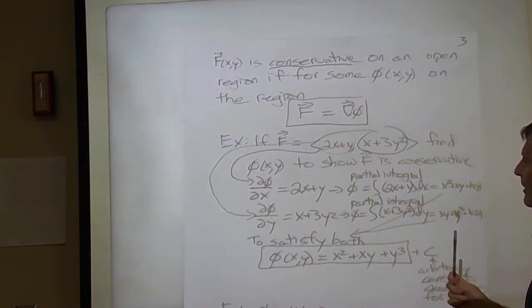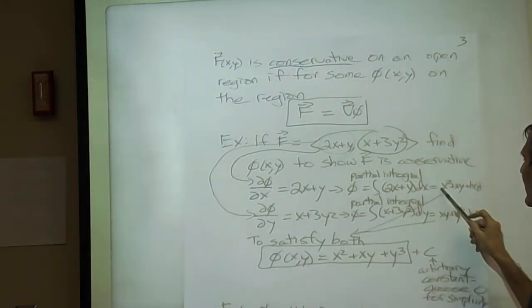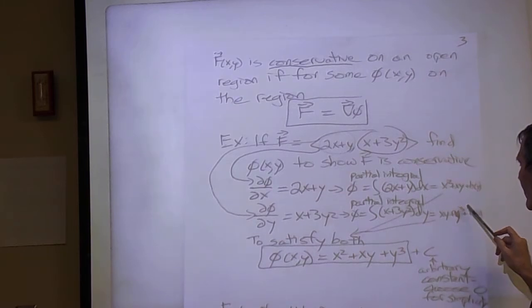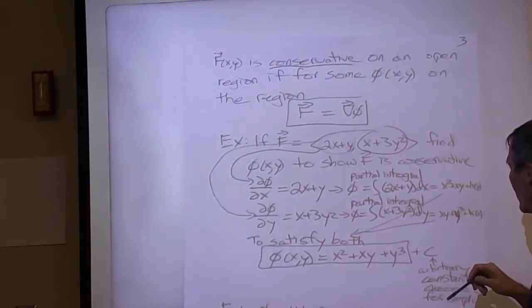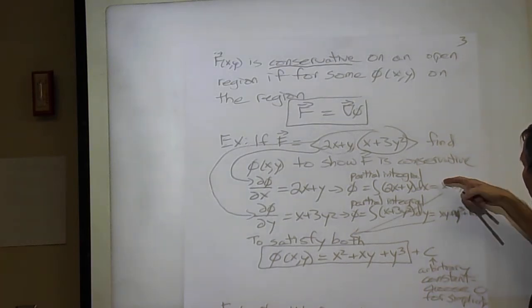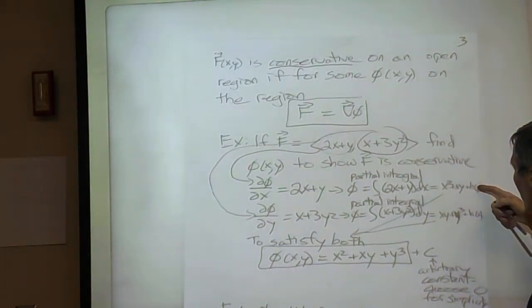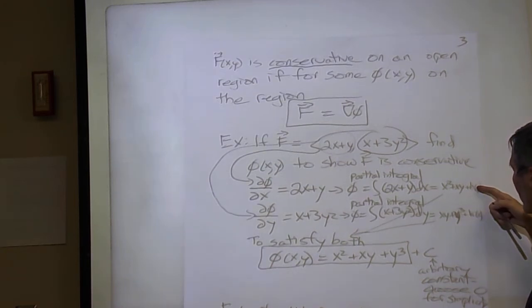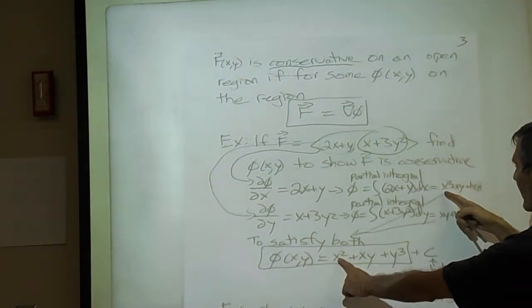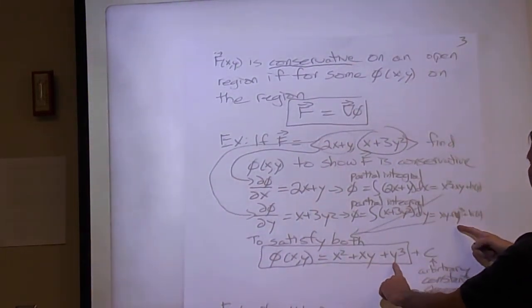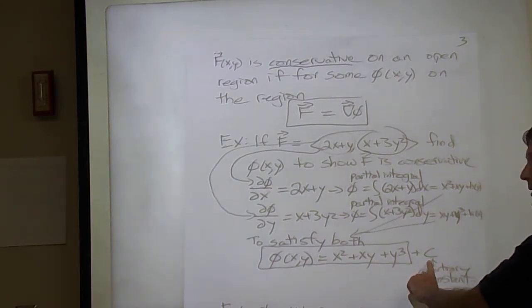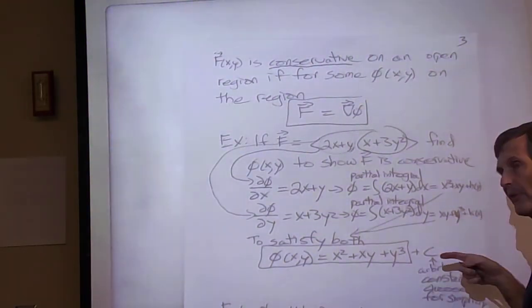So we know that phi, if this is really conservative, has to be equal to x squared plus xy plus some function of y alone, and has to be equal to xy plus y cubed plus some function of x alone. Well, to make these match, x squared must be part of k of x, and y cubed is part of h of y. So we have x squared plus xy plus y cubed, plus you can add an arbitrary constant and still make this work, but that's it.